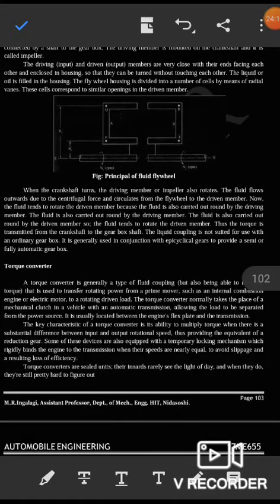When the crankshaft runs, the driving member or impeller also rotates. The fluid flows outward due to the centrifugal force and circulates from the flywheel or driven member.